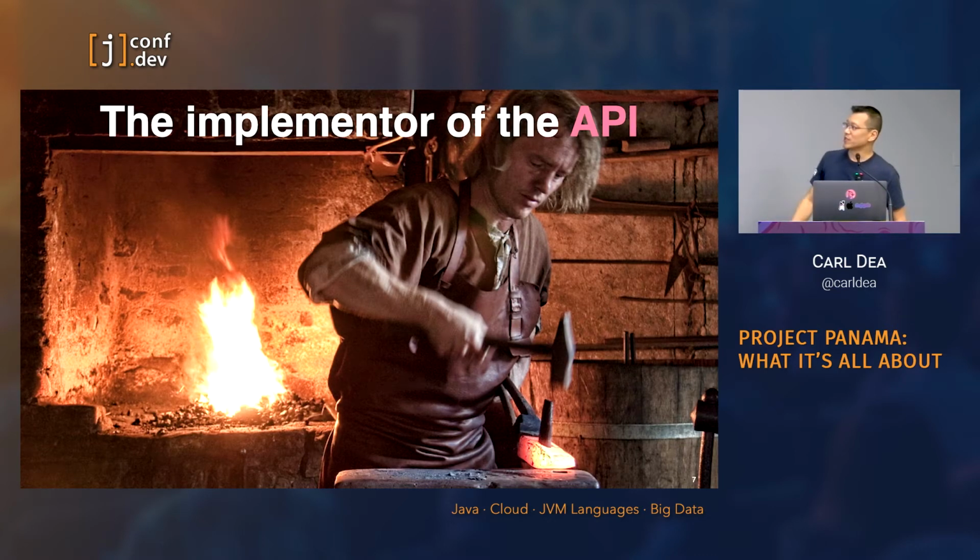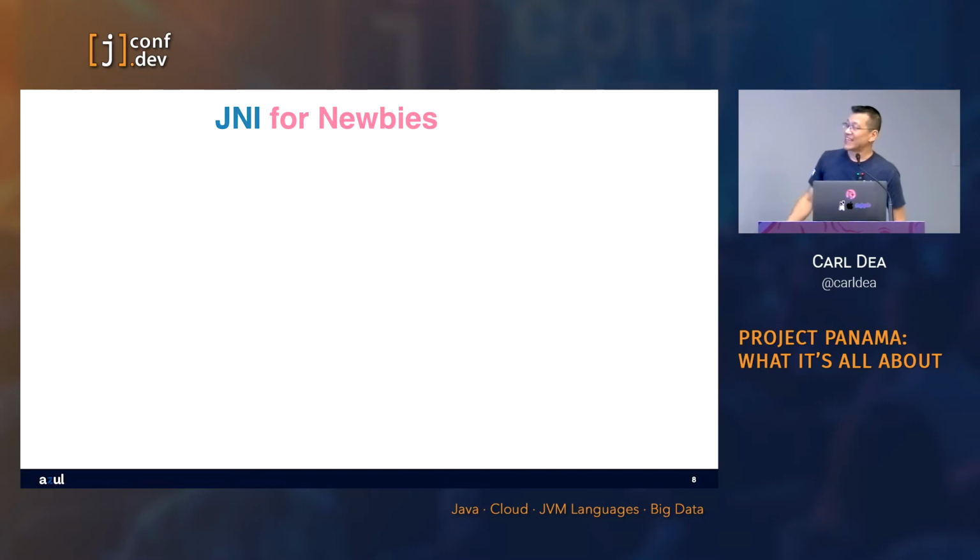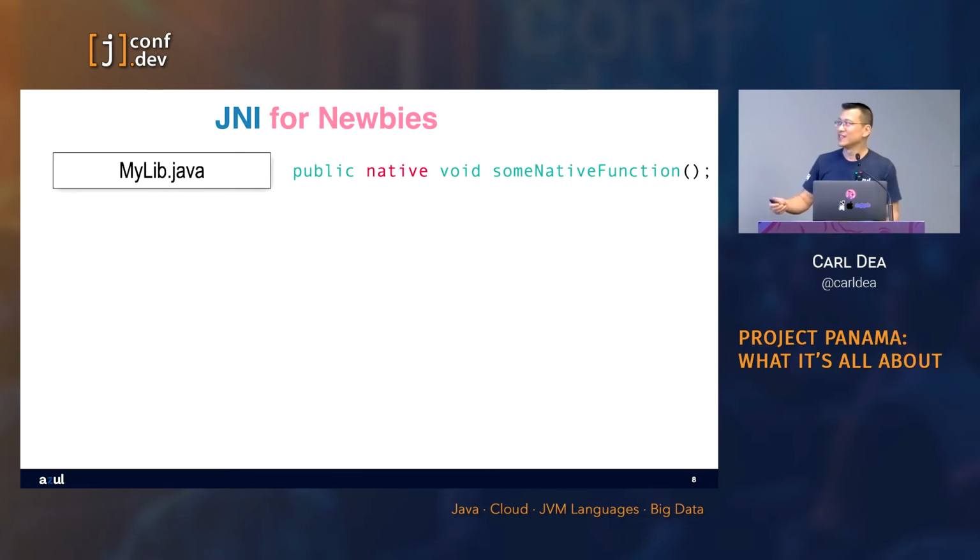From an implementer's perspective, just a quick primer on how to implement JNI. This is very painful. The first thing you do is create an interface in Java. Usually when people write Java code, you create interfaces before implementation code.